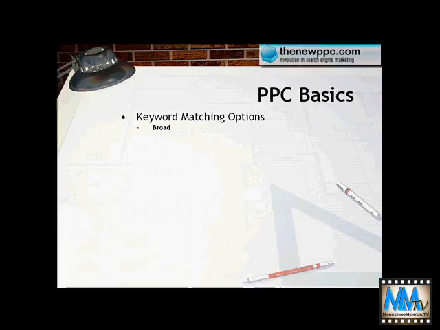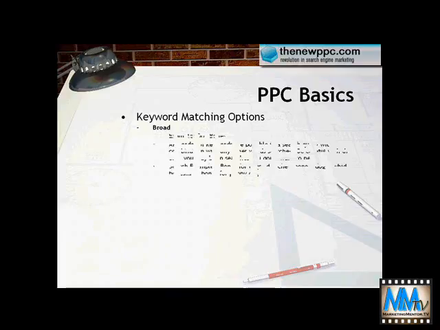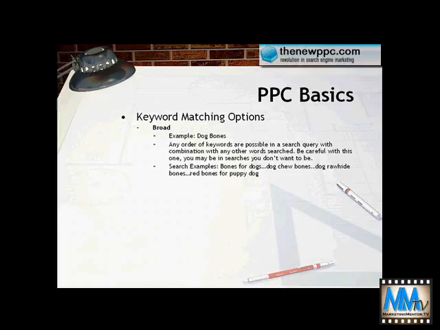The first type of matching option is broad. With the broad option, you're basically not putting anything around the keyword. So if your keyword, for example, is dog bones, it would just be put in simply like that, dog bones. With the broad option, it could be in any combination of the search, so any word can be in between, before, or after the words.